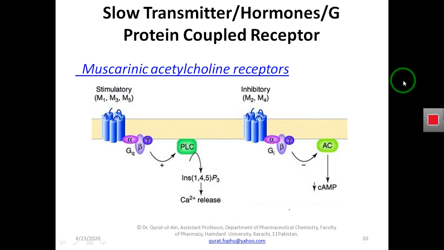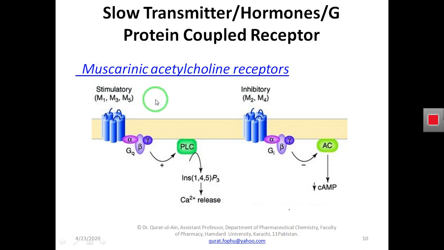These receptors work somewhat slower than the ligand-gated ion channel, so we term them slow transmitter receptors, and here we are taking the example of the muscarinic acetylcholine receptor.